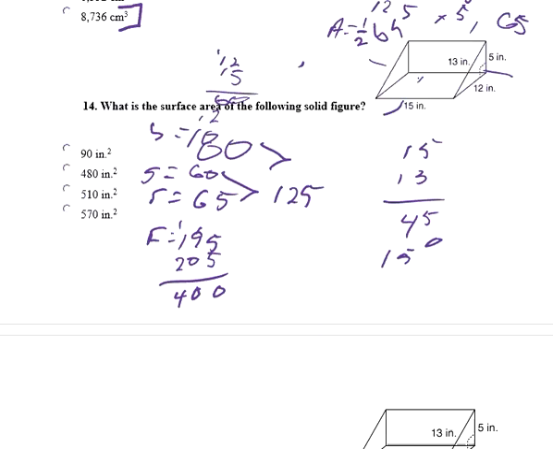The back, oh, the back is 15 by 5, not 13 by 5. This is 15. That's where my mistake was. This 13 goes to that side. So 15 times 5, 5, carry a 2, 7, is 75. So we got to add 10 to that.